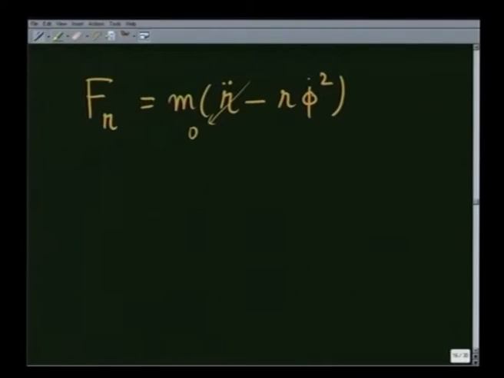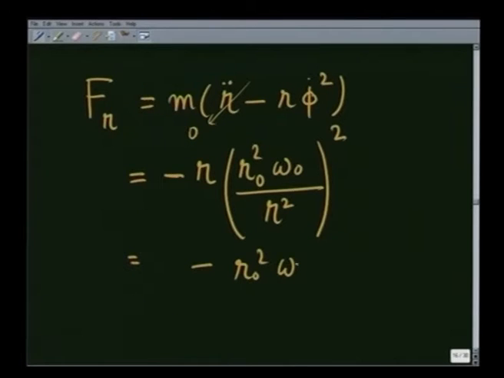That, as I told you earlier, is F r, which is equal to m times r double dot minus r phi dot square. r double dot is 0 because I am pulling the wire in with constant speed, and therefore this is equal to minus m r phi dot square, which is minus m r times r 0 square omega 0 over r square, whole squared, which is equal to minus m r 0 raised to 4 omega 0 square over r cubed.